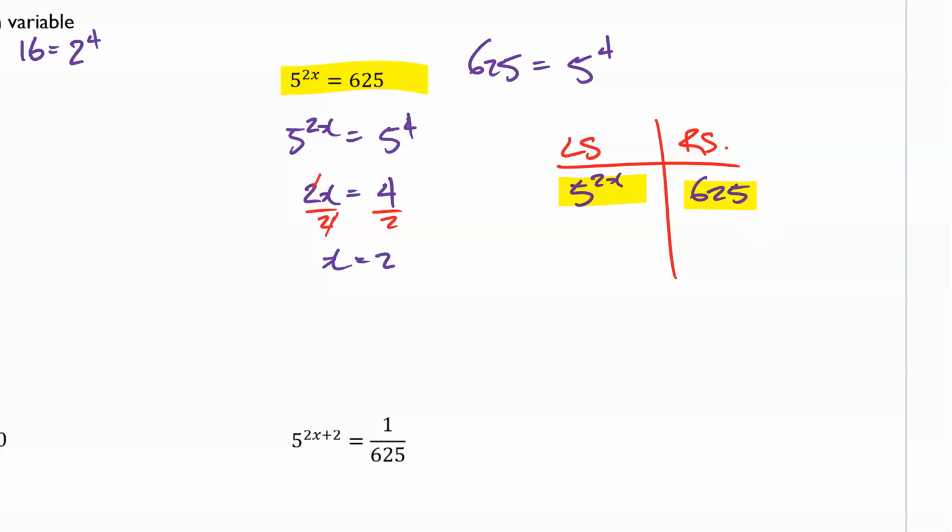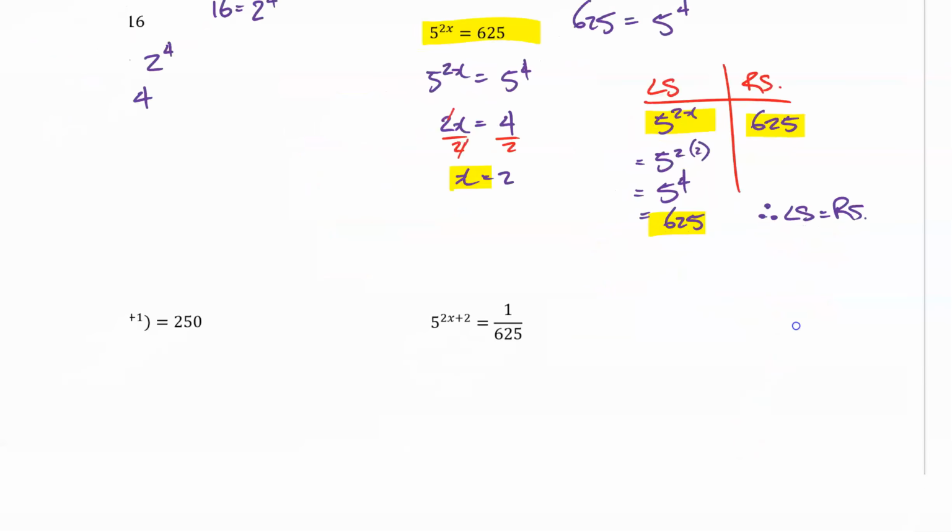So what you have to do is just sub in that x. This is 5 to the exponent 2, and x now is 2, is equal to 625. That's the same as 5 to the exponent 4. Okay, and all these are equal. And guess what? 625. Therefore, left side is equal to the right side. Right, these are all the same.